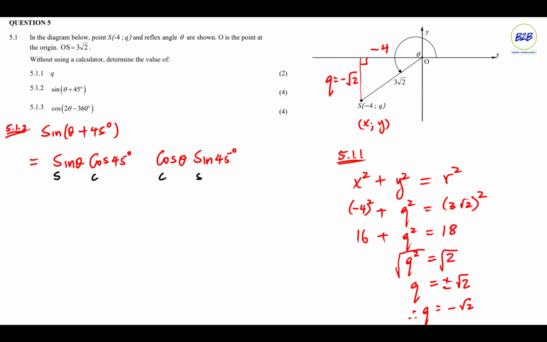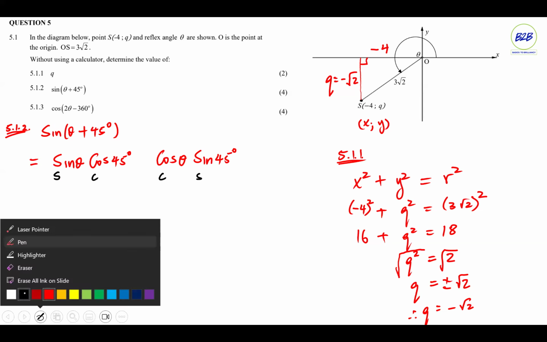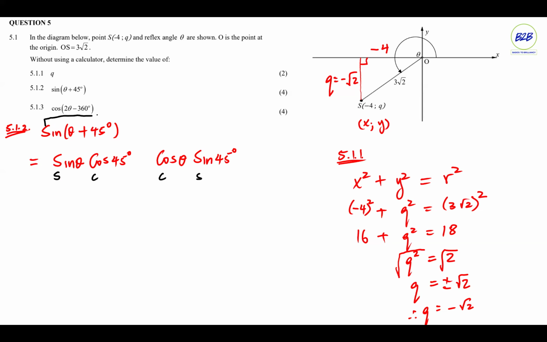And then what happens to the sign between these two terms? We say that the capital letter S in sine stands for what? Stands for same. And what must be the same? The sign in the middle must be the same as the sign in the middle here.